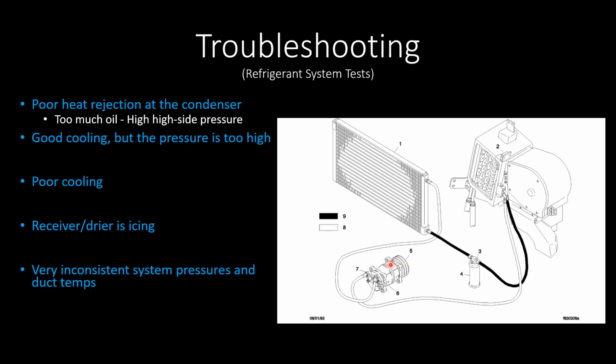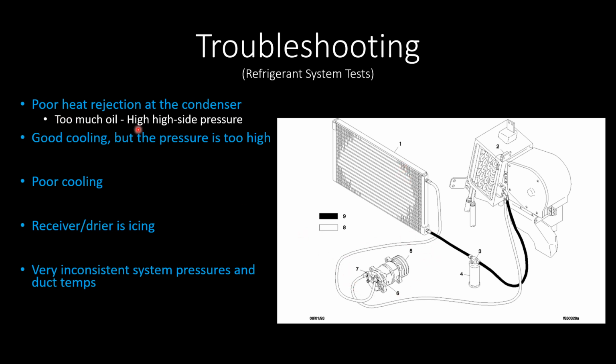Not only the compressor, but for example the thermal expansion valve, because it's a moving component, and it's to keep that lubricated as well. So the oil serves this purpose, but if you have too much of it, you're going to see a high reading on your high side pressure, and you're going to have poor rejection in your condenser. So that's one case that you could come across.